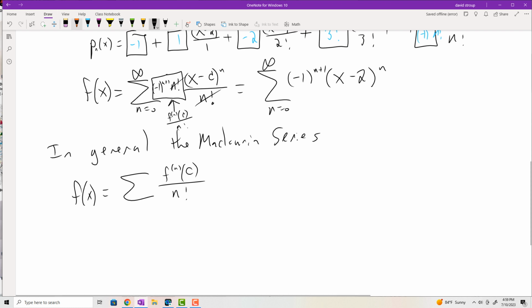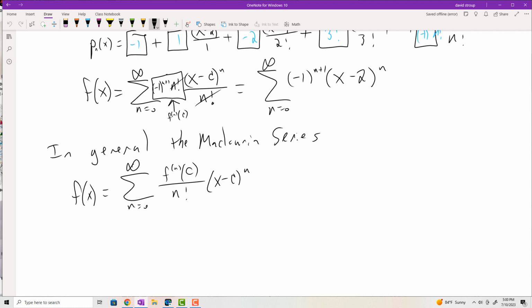Well, not quite, right? That part is just the nth derivative, and then I had the n factorial out to the side there. All right, so then times x minus c to the n. I always put the n factorial over, so it's the same thing.